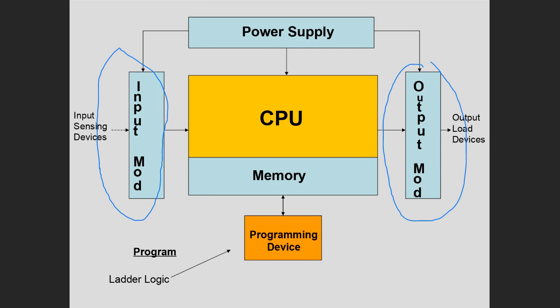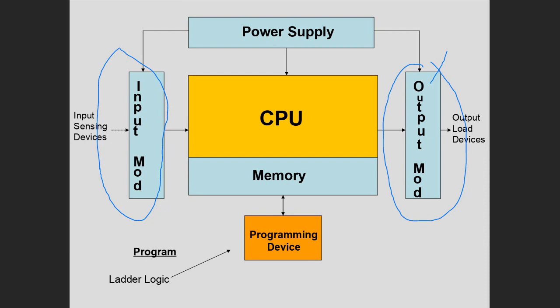You can connect that directly to the output module, and if the output module can't provide enough current, sometimes you have a relay that you connect to the output module and have the relay control whatever load you're switching off and on. It might be a motor or some kind of large load.